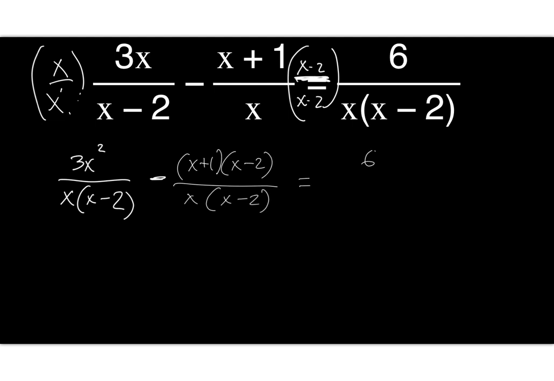The one on the right had that all as it was to start with. All the denominators are the same, which means I can just strip them away and have 3x squared minus (x plus 1)(x minus 2) equals 6.